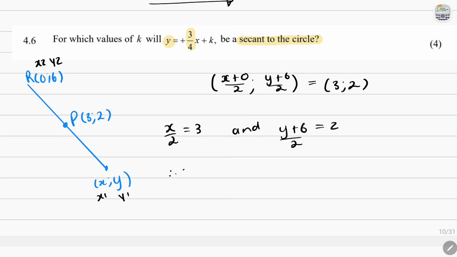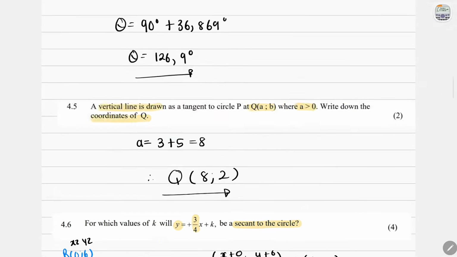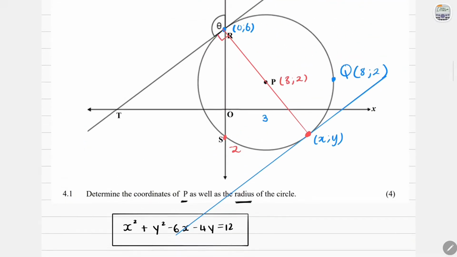Multiply both sides by 2. x is equal to 6. Here, multiply by 2. y + 6 equals 4. y equals 4 minus 6, which is negative 2. So this point is (6, -2). Great, we have this point.